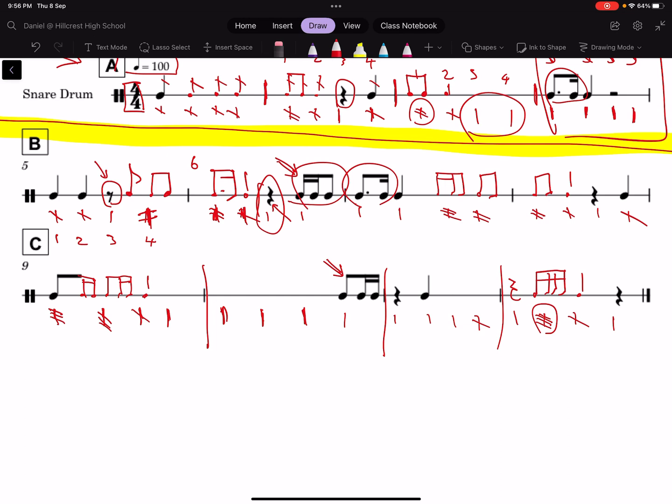Here is section C for the third time. Oh, there's something odd about this one.